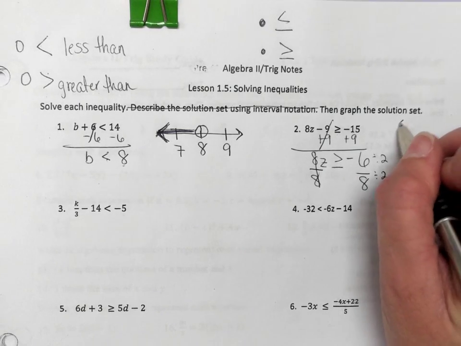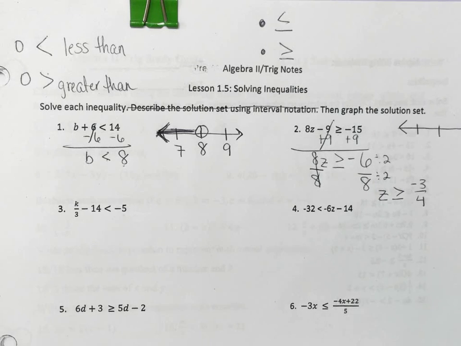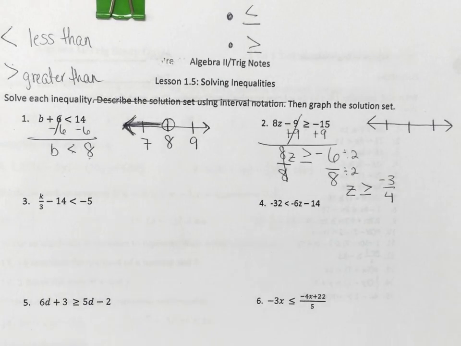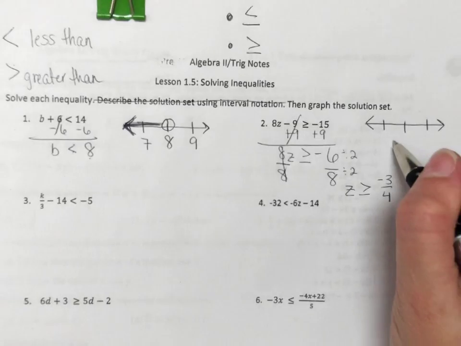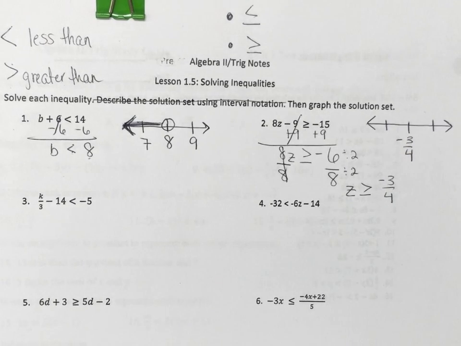Alright, so let's draw my number line. Where should the negative 3 over 4 go? In the middle, right? Just always put them in the middle. Don't make this complicated.